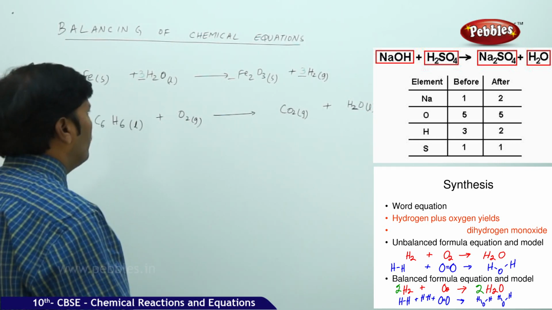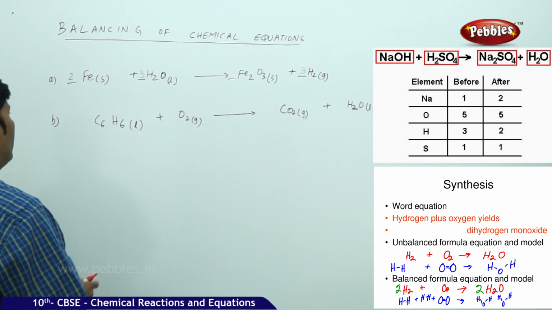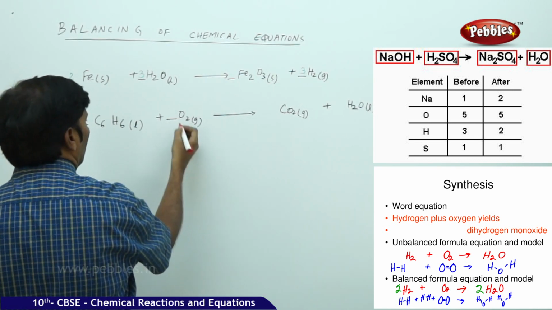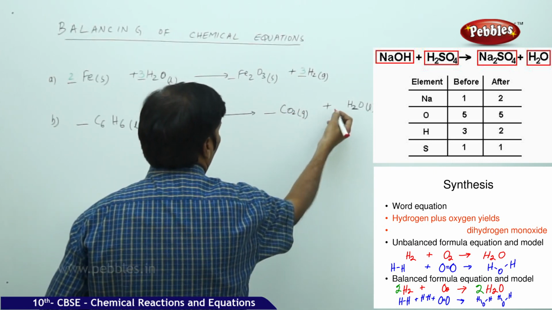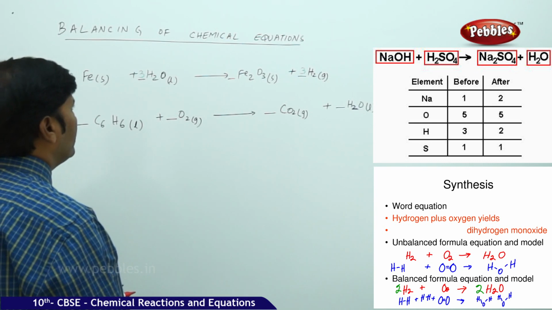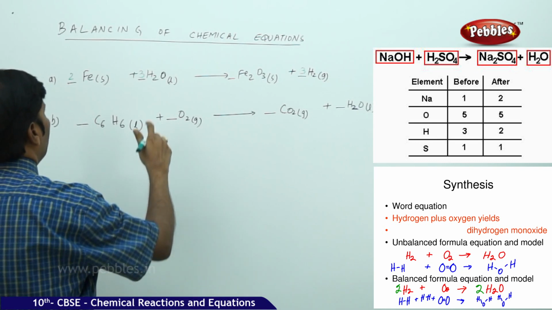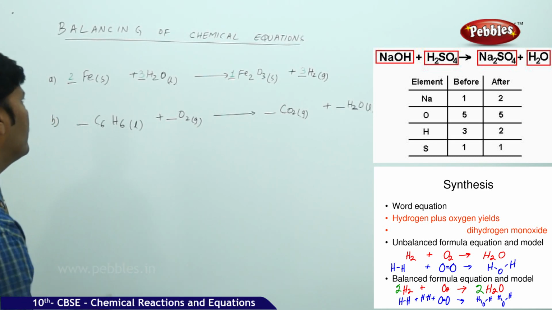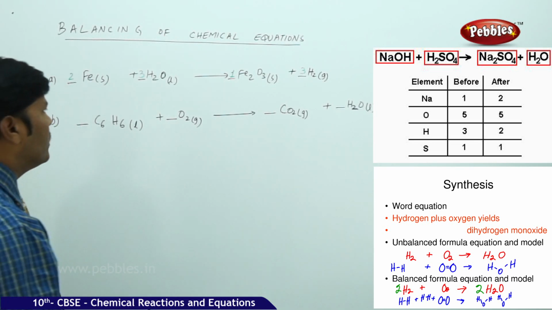So here, just as we have done in the earlier cases, I am marking an unknown molar coefficient for each species. In the above reaction, for the irons, they are already balanced, so 1 we place here, and the reaction is going to get balanced, no problem.